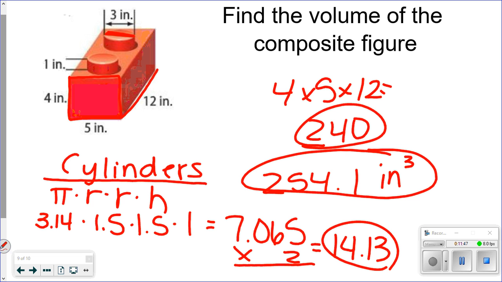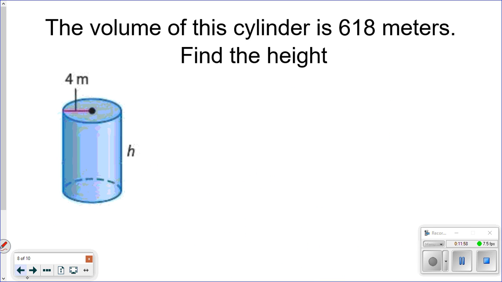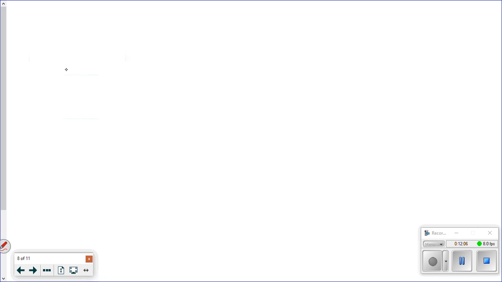So just know that you're going to have to know how to find the rectangular prism again, just like we did, plus those cylinders. Let's see. I would like to do one more like that. Okay. I know what I want to do. This is what we're going to do. Here's cylinder 1.